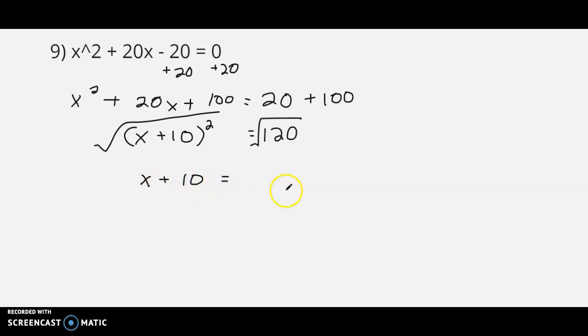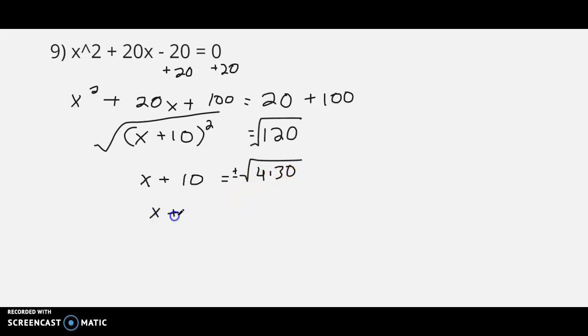Okay, and then I can break 120 down into 4 times 30. See, when simplifying radicals, you always want to break it down so that one of the factors is the largest perfect square possible. And you'd think it'd be more than this, but 4 times 30, 4 is our largest perfect square.